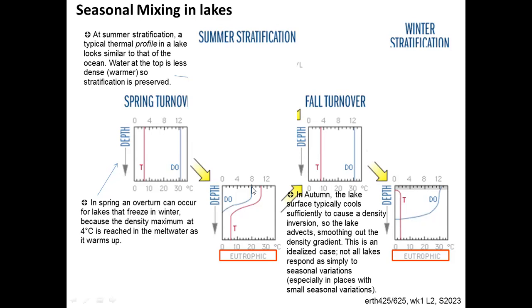That's because without the exchange of oxygen from the deep water to the surface, and the very high amount of respiration that's happening, the oxygen can be pulled all the way down to 0, which causes very dramatic effects. We will talk about eutrophic lakes for a whole week later in the semester.